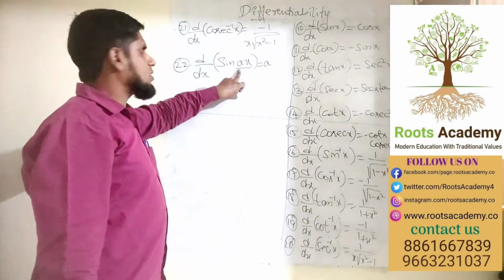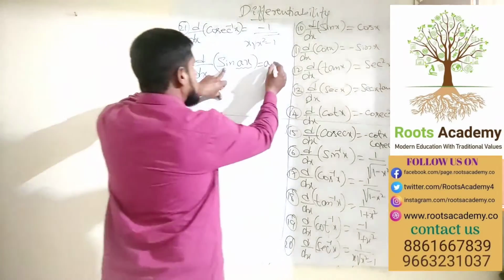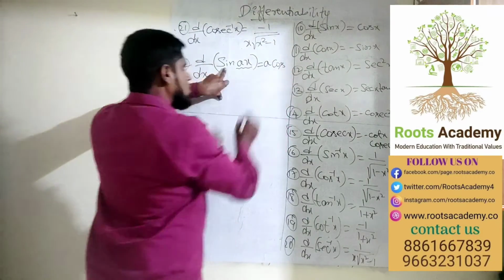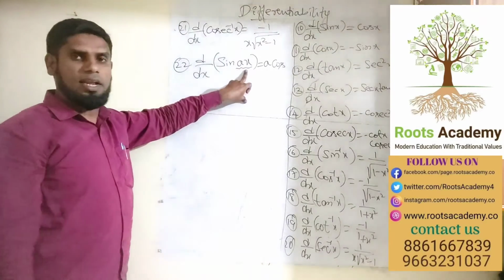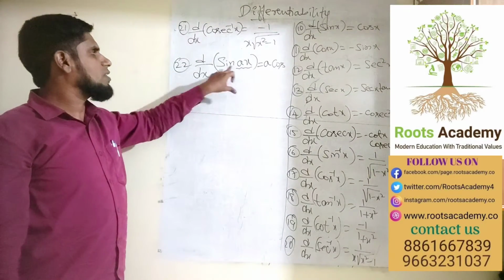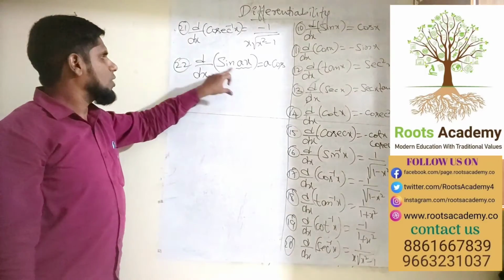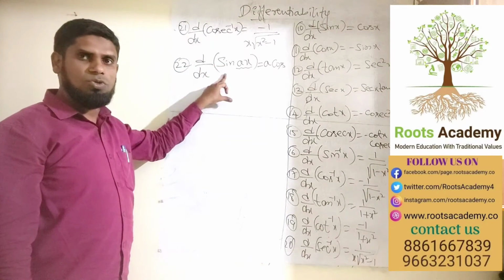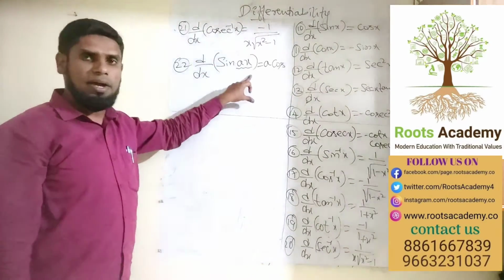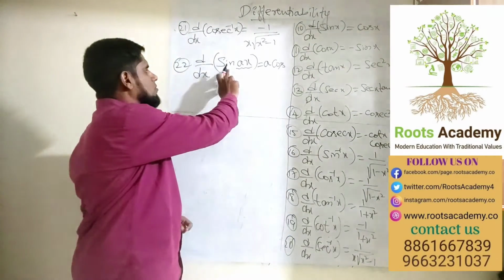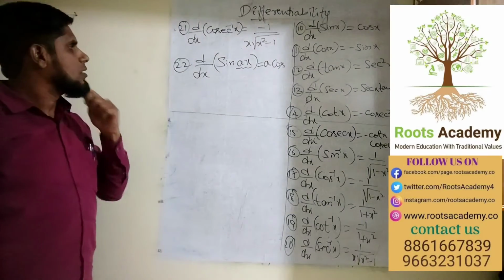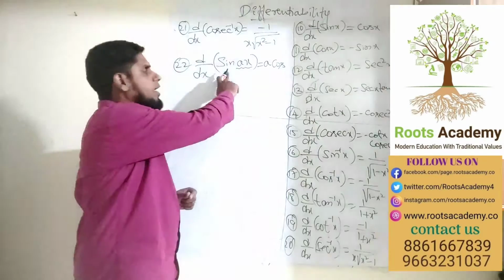The next, what is the derivative of this sine? Cos. Derivative of sine is cos. What is the angle for this sine? It is ax is the angle. The angle for sine function is ax. So its derivative also has the same angle.